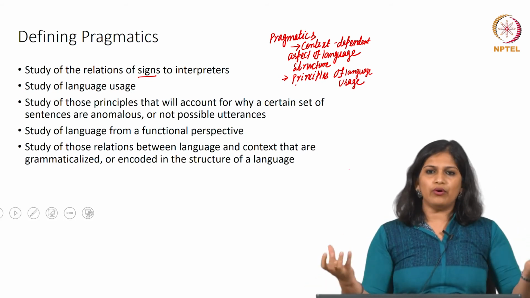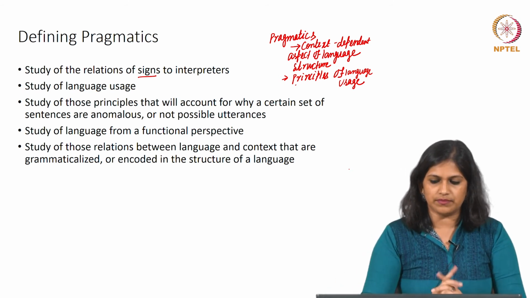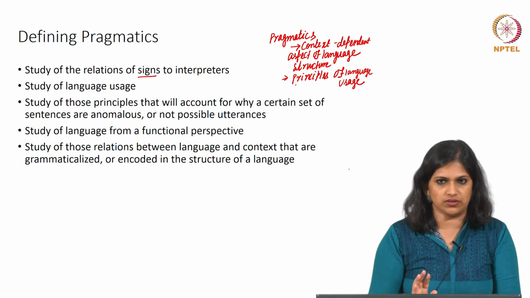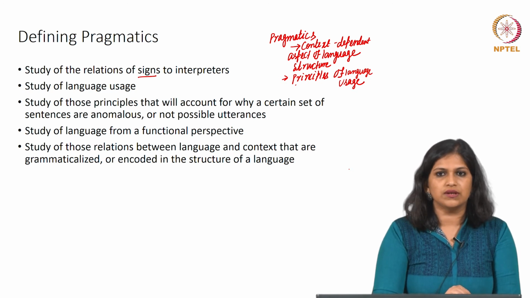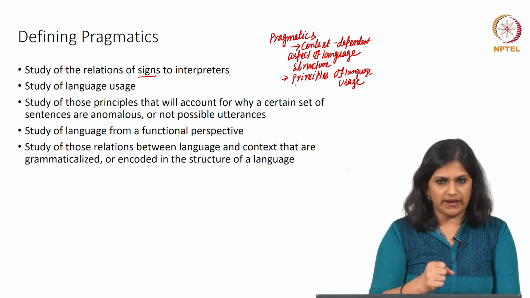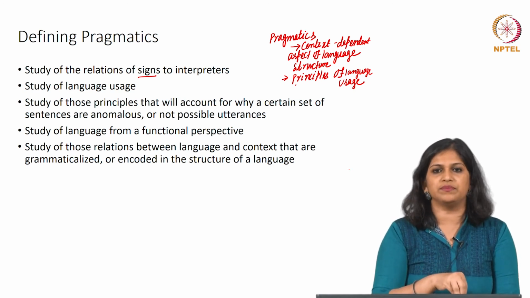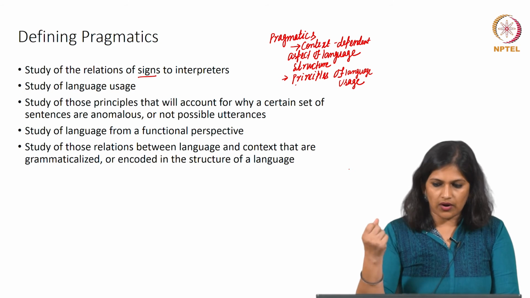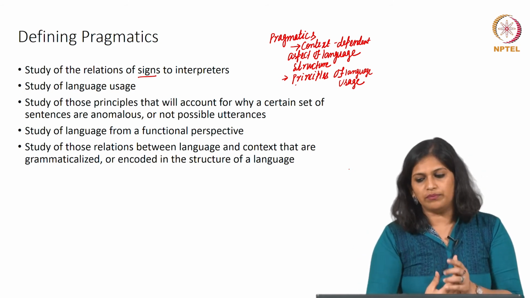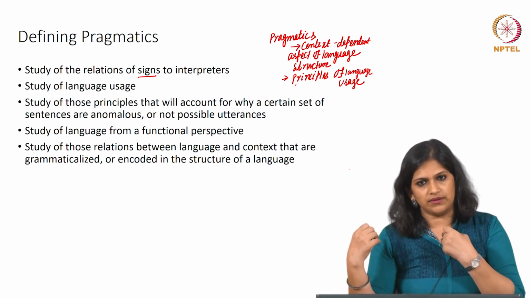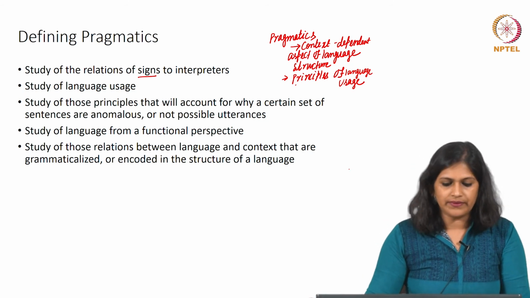Both things should go hand in hand, then only pragmatics can come up with a holistic definition. Otherwise, if you only focus on usage, that means you are ignoring a very important aspect of language, and pragmatics would be a crippled discipline. So, the context dependent aspect of language structure has to be given equal importance as the principles of language usage, right. So, that is the first thing.